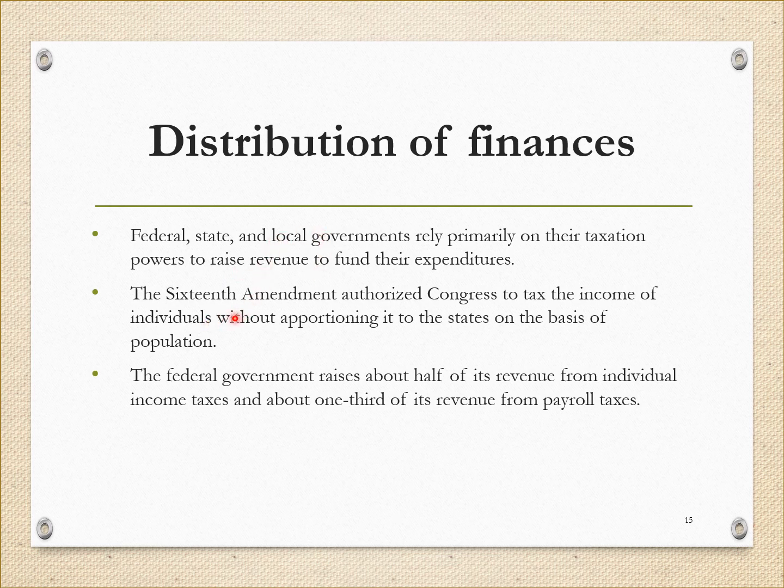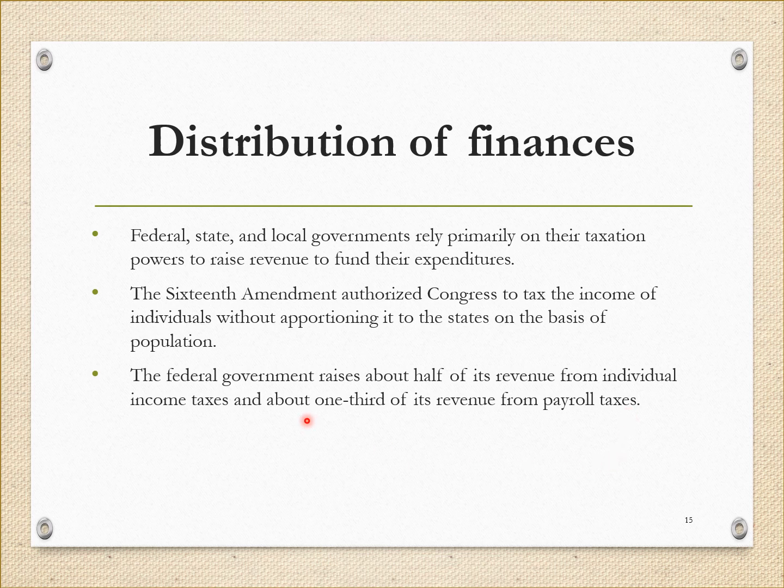The 16th Amendment authorizes Congress to tax the income of individuals without appropriating it to the states on the basis of population. And the federal government raises about half of its revenues from individual income taxes and about 1/3 of its revenue from payroll taxes.